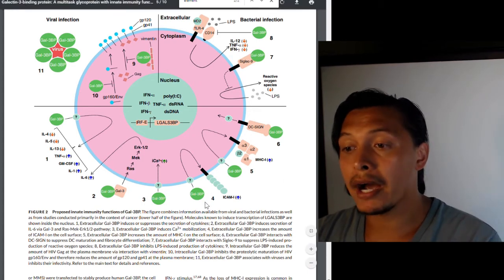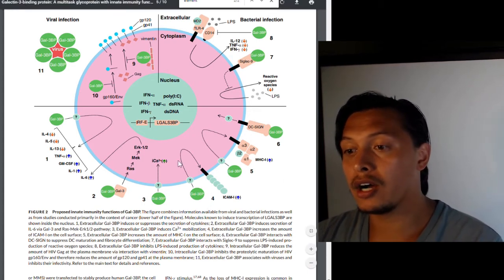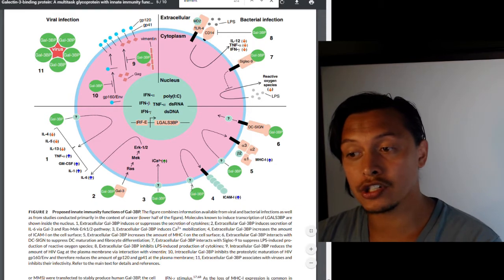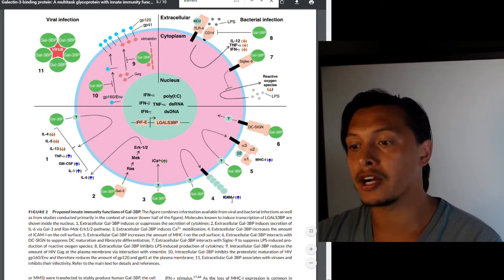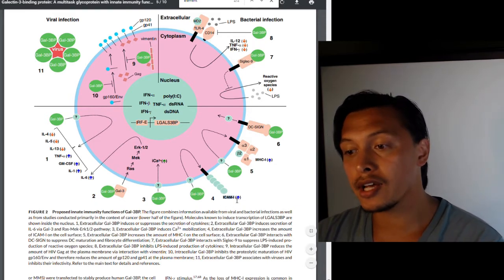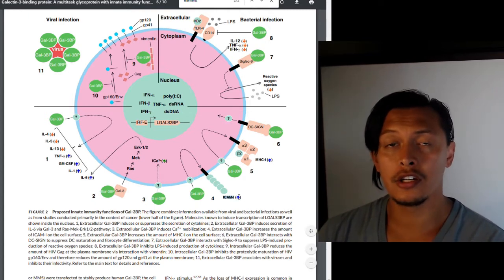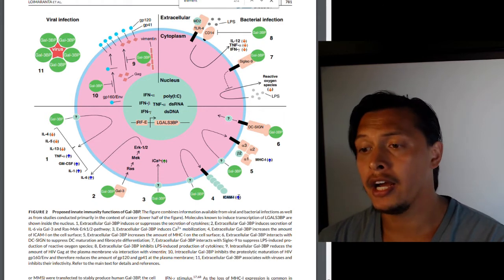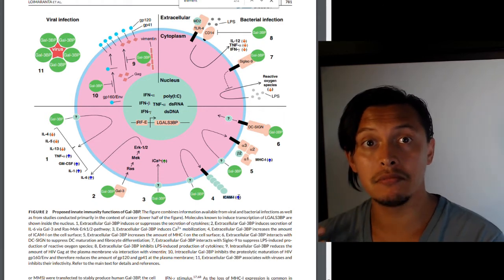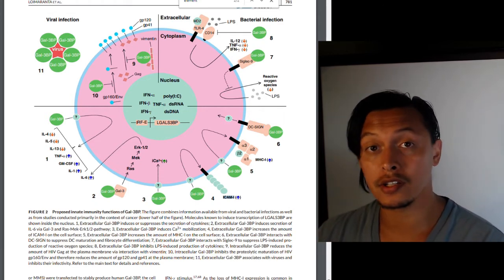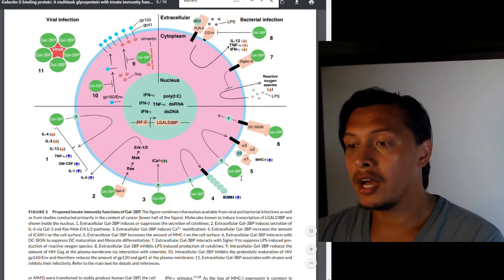It can also increase production of these ICAMs, which are important in signaling to the immune cells nearby that they need to move to that location, or they can cause clustering. They can do a bunch of different things.